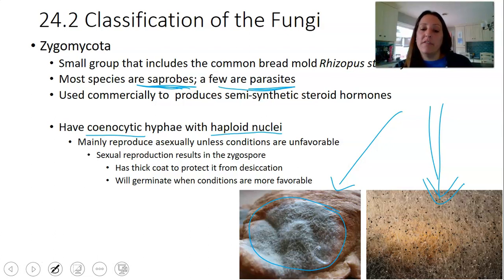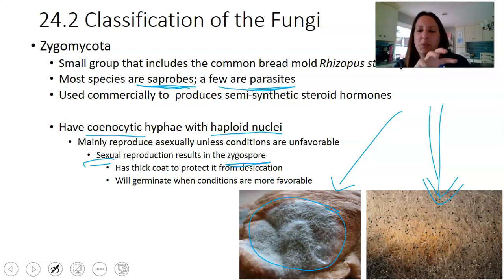If conditions are unfavorable, they will reproduce sexually. Okay, and in sexual reproduction, again, what's going to happen is we're going to increase variation, and sexual reproduction will result in two mating types coming together, forming a structure called the zygospore. And I'll show you a picture of that in the next slide.